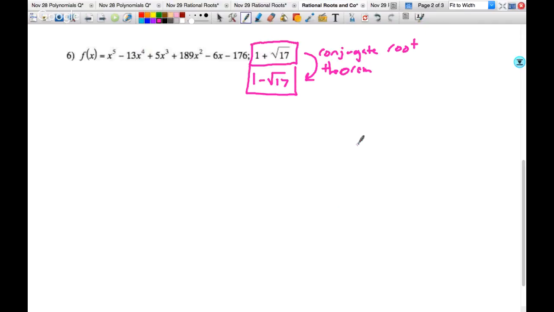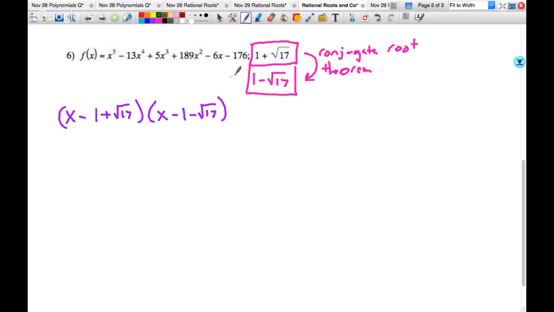All right, to keep going, I'm going to use the two roots that I know to simplify this polynomial. Now I'm going to use them together. Because they're conjugates, they simplify each other really nicely. So x minus 1 plus root 17 and x minus 1 minus the square root of 17 have to be factors.